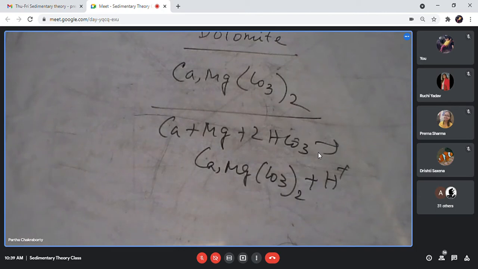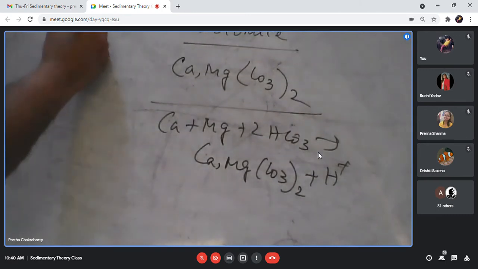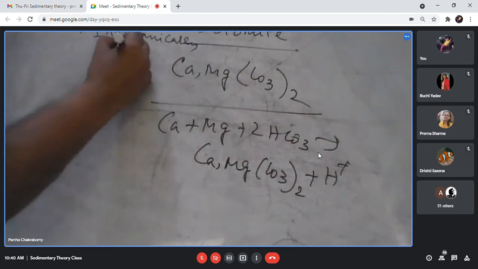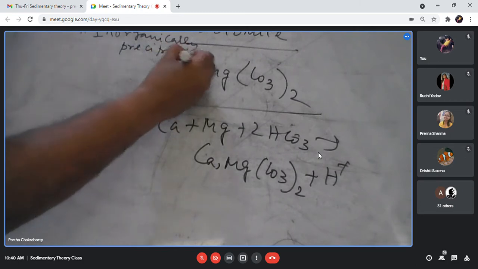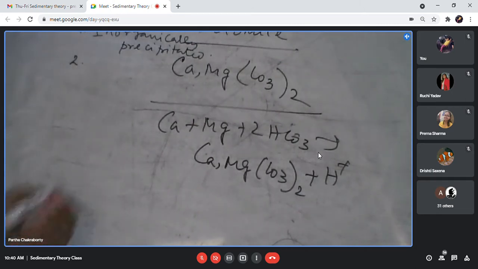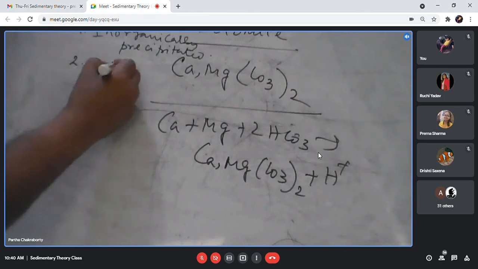Now, how are dolomites formed? Where are dolomites formed? All these are questions. And why is dolomite so prevalent in the rock record? There are three major theories. One, some people believe that dolomite is inorganically precipitated. Another school believes that no, it is not inorganically precipitated, but dolomites are a replacement product of carbonate.